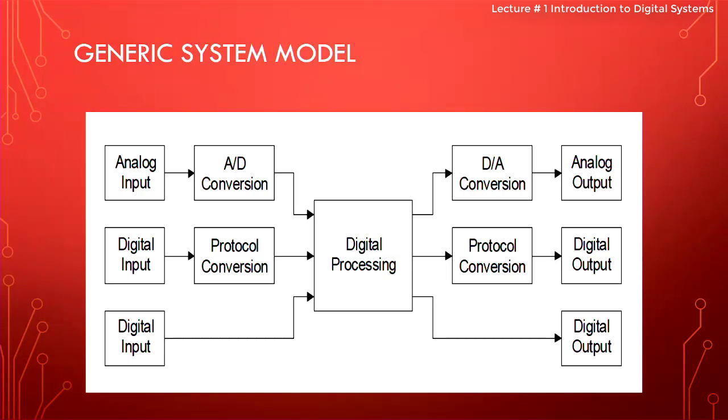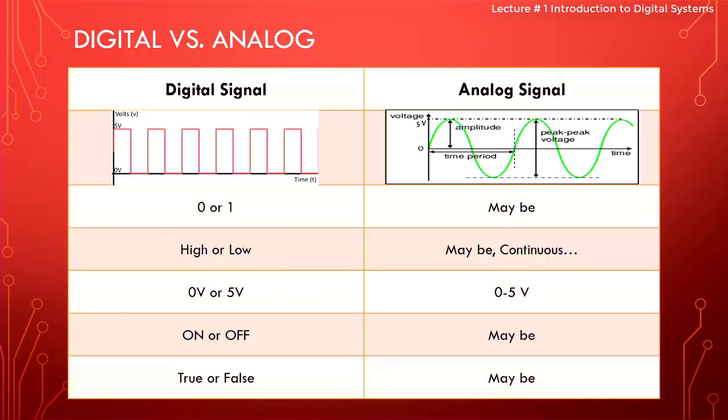So most cars still have the speedometer where you see the speed in analog, right? I know some models have the speed in analog and digital both, but even though we are living in the digital world, the speedometer is still analog in nature. And then digital output could be 7-segment displays, right? And we'll see that. We'll do more of it in future classes.